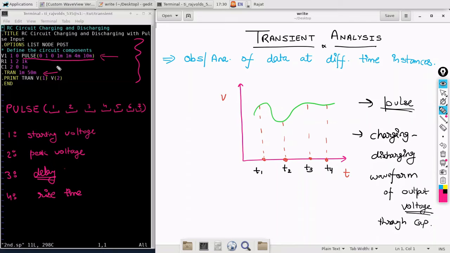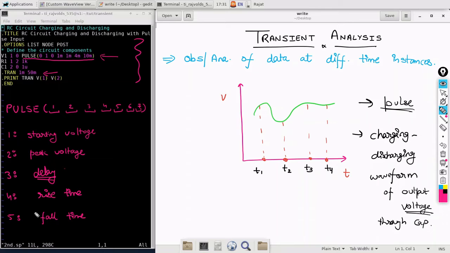So the time it will take for the pulse to rise from 0 volt to 1 volt will be the rise time. Similarly, in the fifth position, we have fall time. That is opposite to the rise time, in which it is the time taken by the pulse to decrease its value from the peak voltage to the starting voltage. That is the fall time.